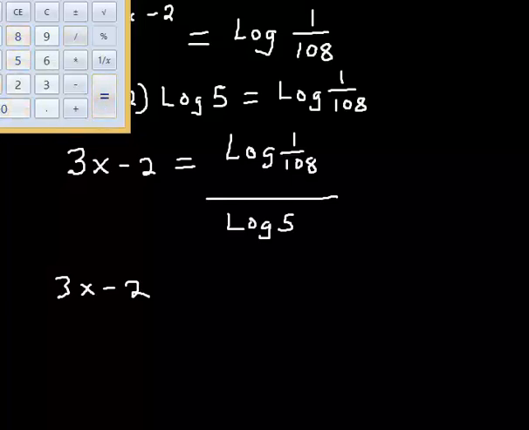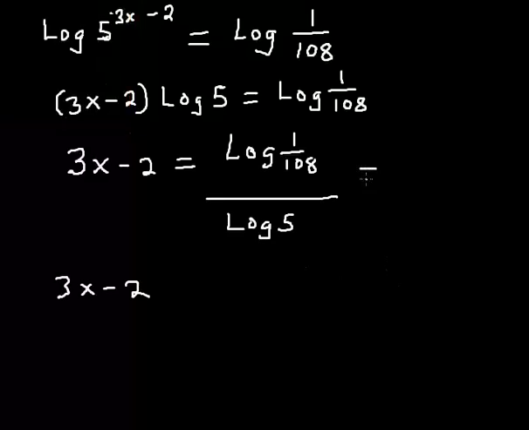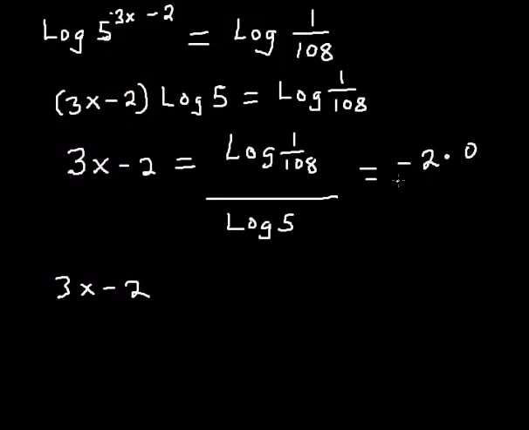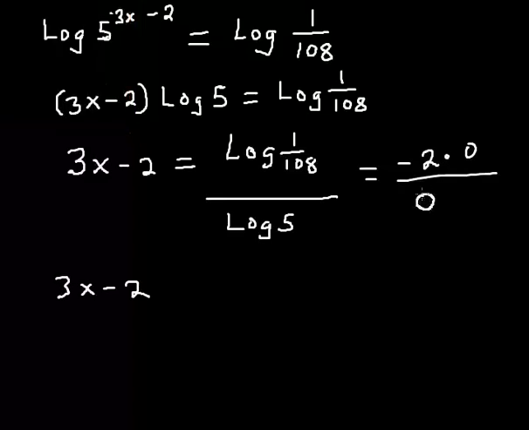Let me find the log of that. The log of that gives me approximately -2.0. Now divided by the log of 5, which gives me approximately 0.7.